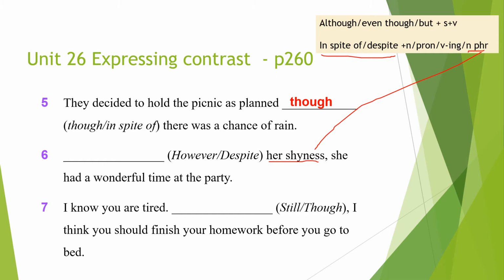The answer should be despite. So we choose despite her shyness, despite followed by a noun phrase or noun or pronoun or gerund, right? Despite her shyness, she had a wonderful time at the party. Even though she was shy, she still had a wonderful time at the party.